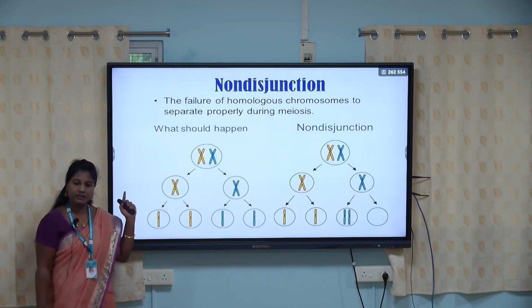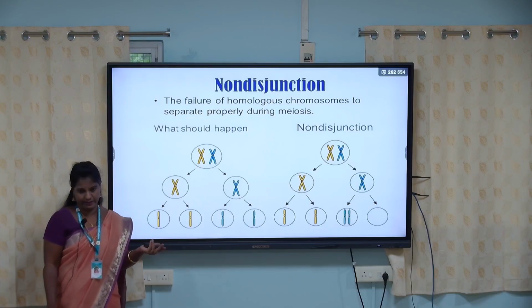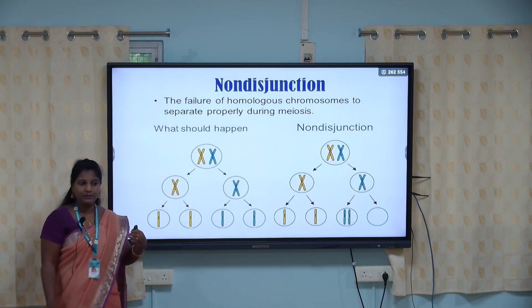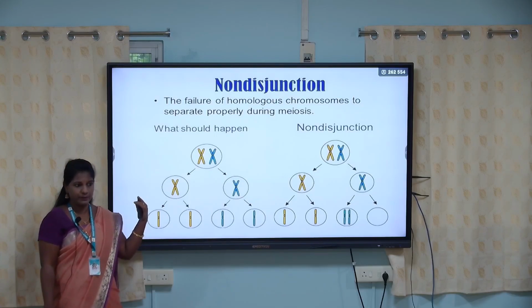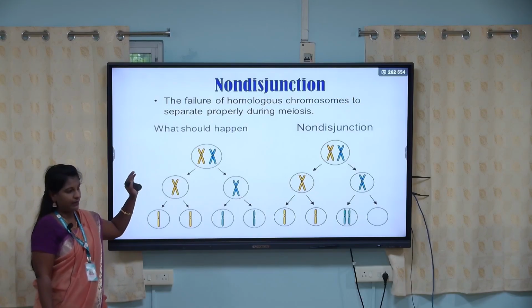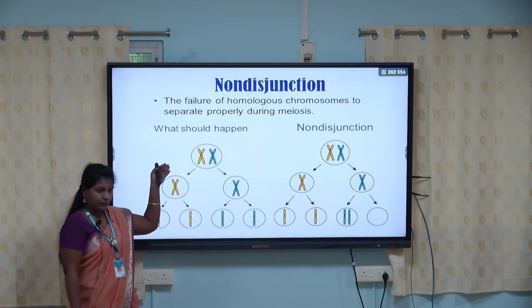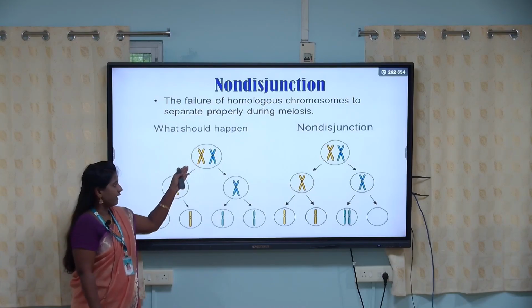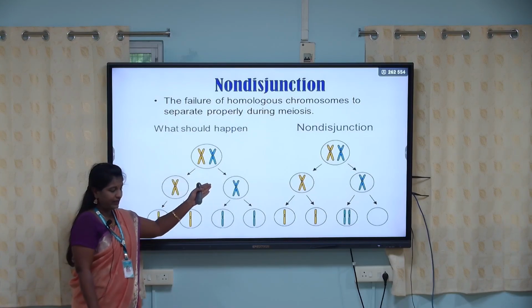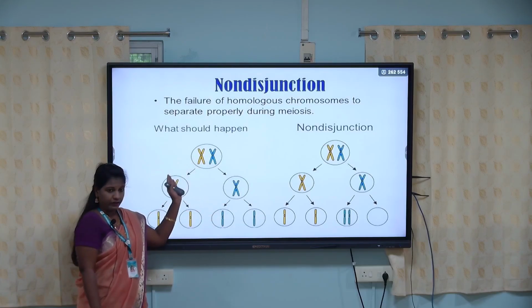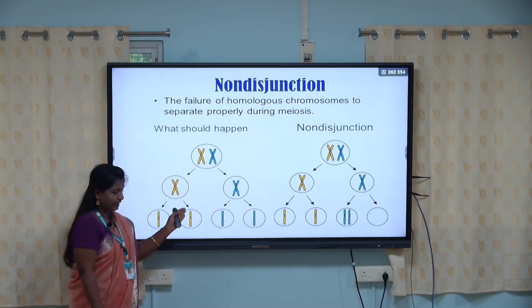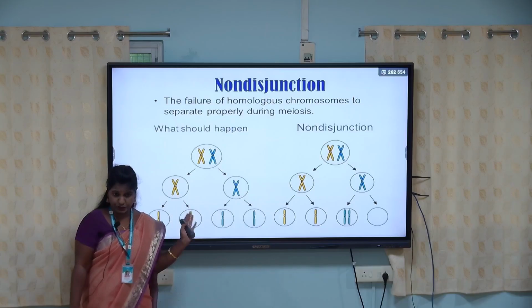Failure means deviating from a normal setup, so it is called a failure in proper separation. In a normal split during cell division, the chromosomes separate in equal numbers, first into 1 and 2, and then again, so totally 4 combinations should be there.